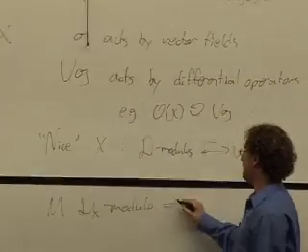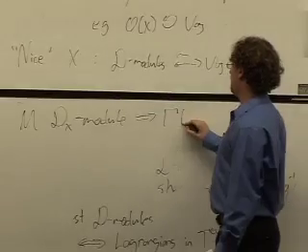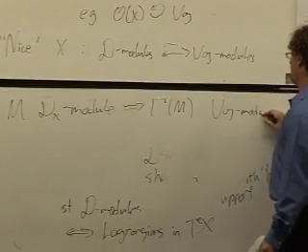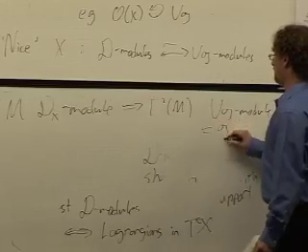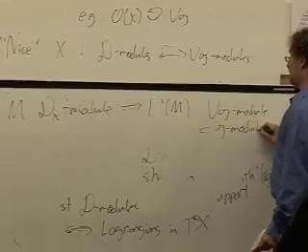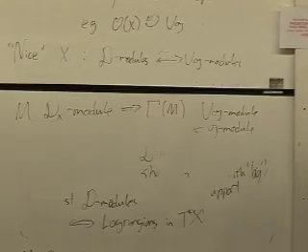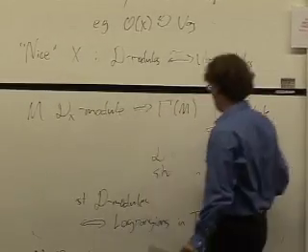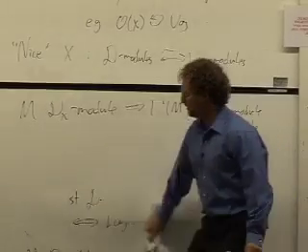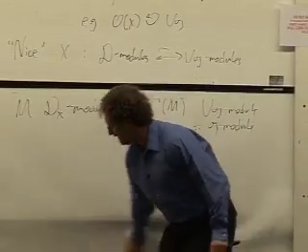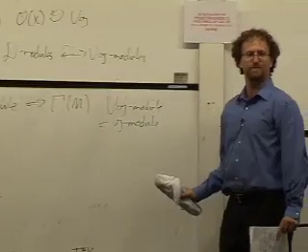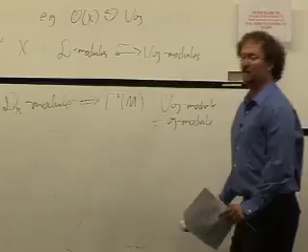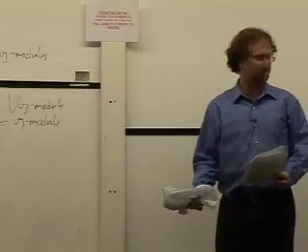So the global sections of M is a UG module, or if you'd like, a G module. So you can think of D modules as a way of producing examples of representations of Lie algebras. If I give you a space on which a group acts, then any D module on that space immediately gives me a representation of that Lie algebra. So this is the main motivation from representation theory to study D modules.